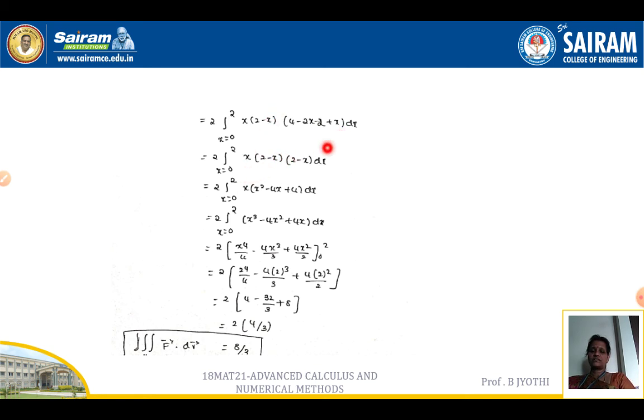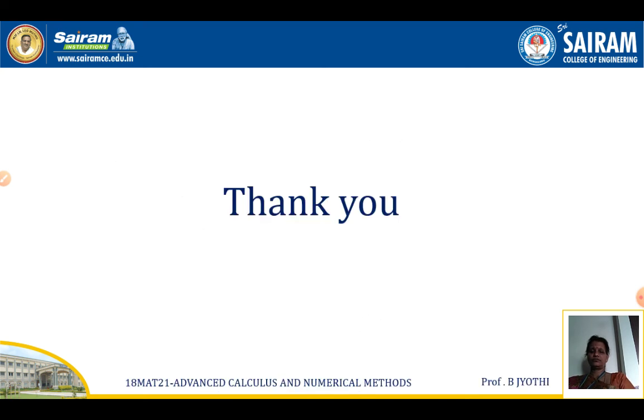On simplification, that is 2 minus x into 2 minus x, that is x square minus 4x plus 4, into x. Again it will become x cube minus 4x square plus 4x, dx. On integration, we get x power 4 by 4 minus 4x cube by 3 plus 4x square by 2, from 0 to 2. On substitution of the limit and simplification, we get 8 by 3. This is the required value.